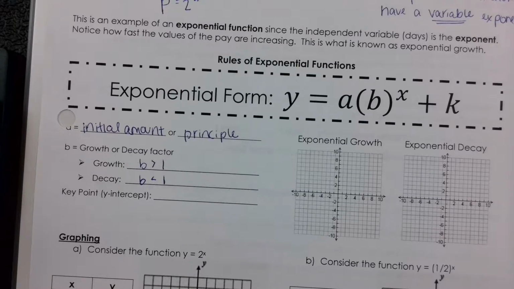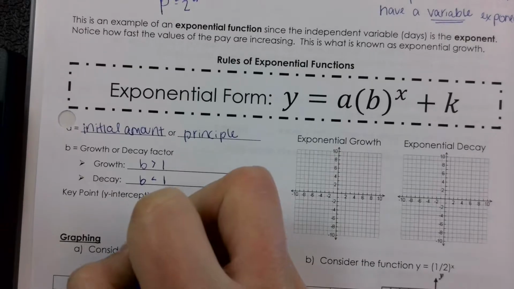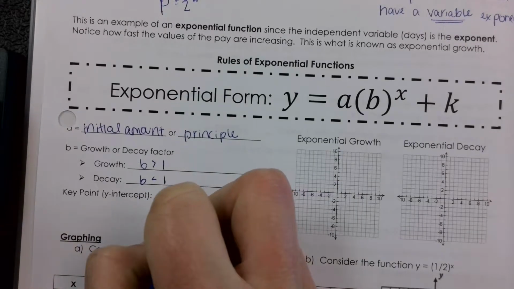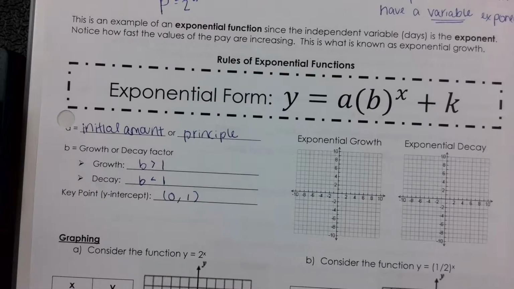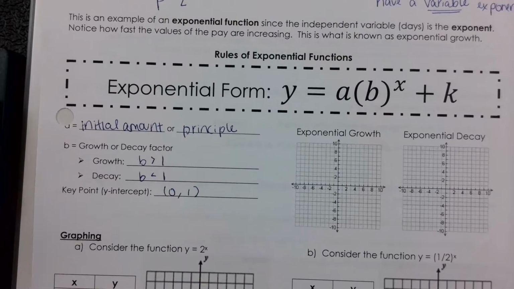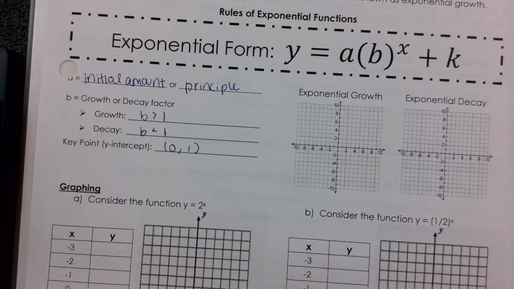All your exponential functions are going to share one key point, and that's the y-intercept. When you plug in a 0 for an exponent, what do you always get out no matter what? 1, right? So we're going to write that it's (0, 1). If you're not sure what that y-intercept should be, how could you find it if you don't have a graph, you just have the equation?